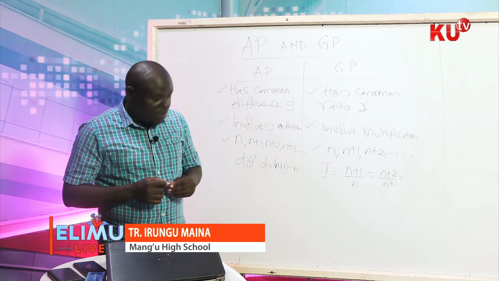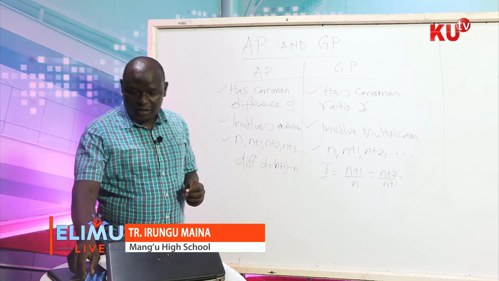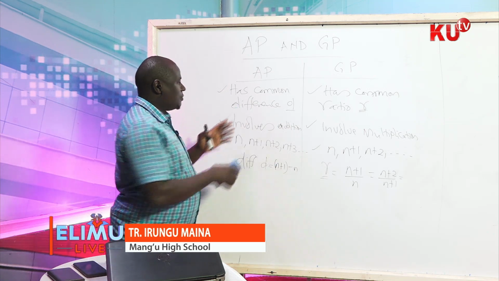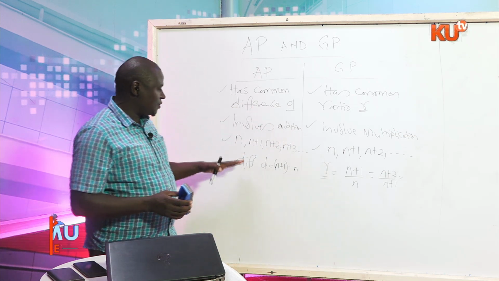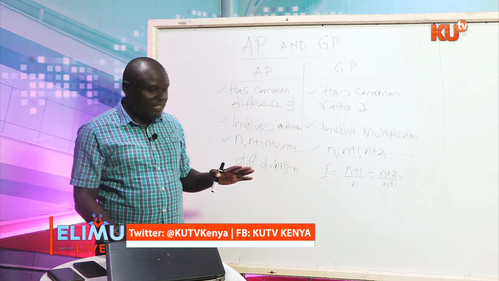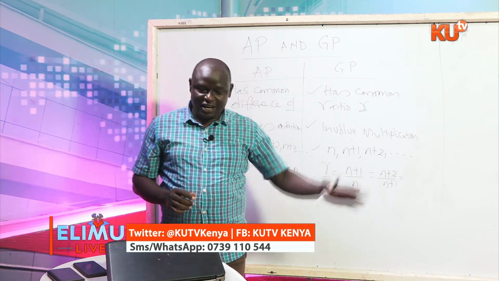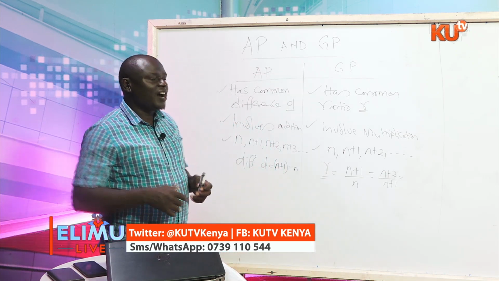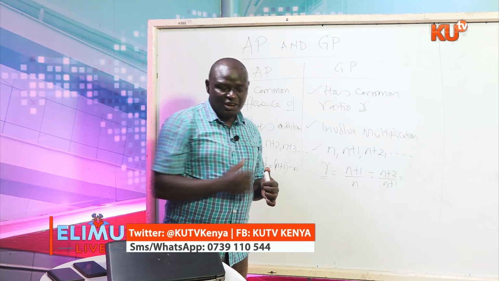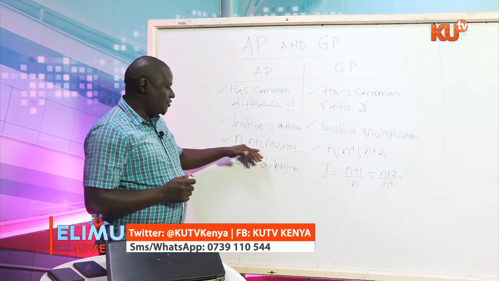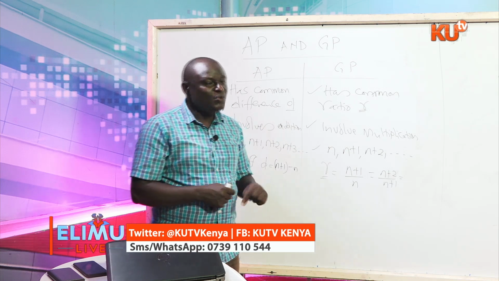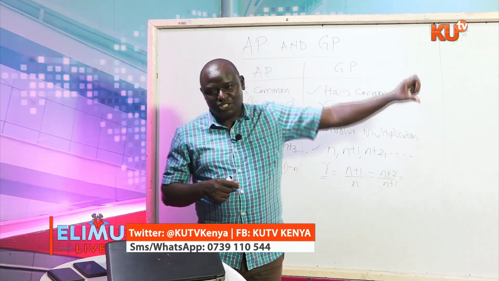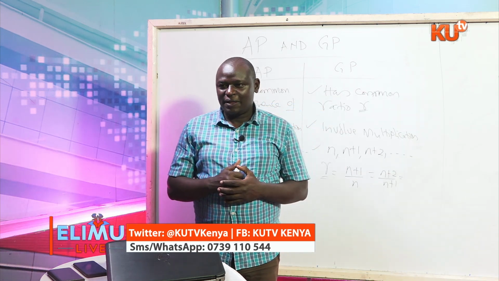Then the other thing that we would look at is, we have talked about common difference, we have talked about addition and multiplication, we have talked about how to get D and how to get R. Now I want us to get how to get a general term. Now we have a list of values n plus 1, n plus 2, n plus 3. This chain can continue to infinity.